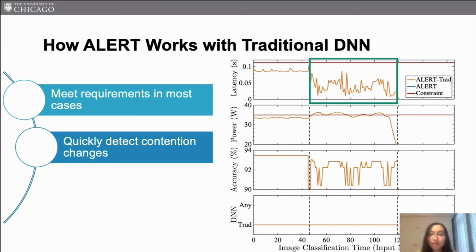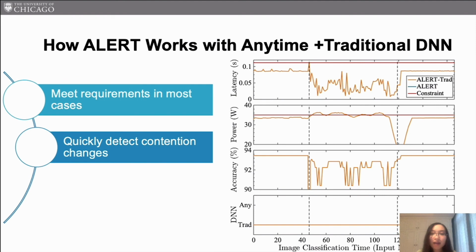It switches to a much simpler but faster DNN in the highly dynamic environment. The switch reduces deadline misses, which is super great. But sometimes it's too conservative. It wastes a lot of time budget and thus has an accuracy loss. Now the contention ends. Alert switches back to the high accuracy but larger DNN.